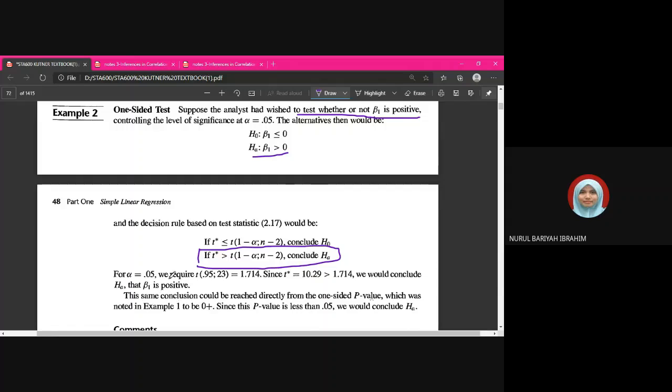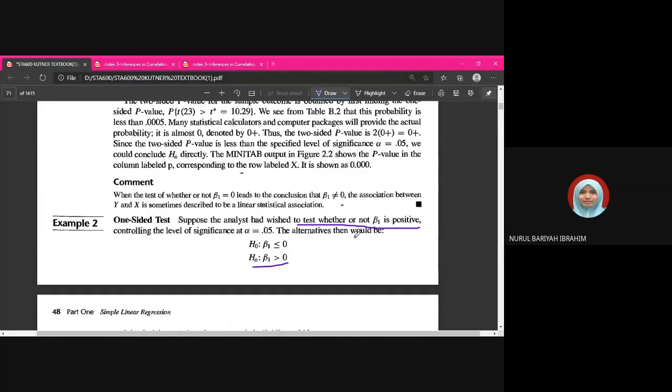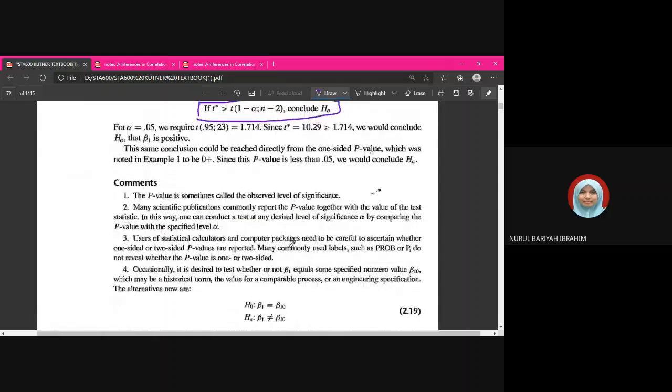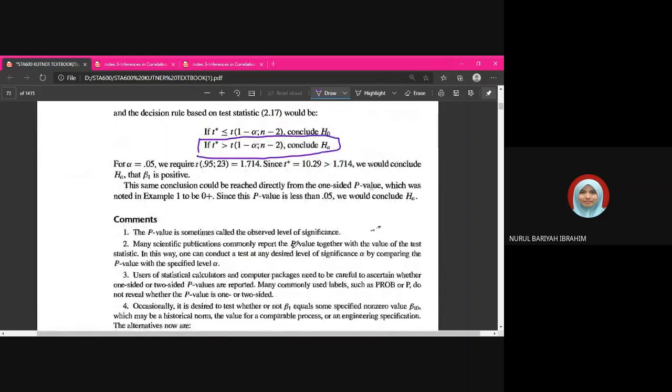Ini tadi benda yang sama, test statistik 10.29. Cuma kita compare with the critical value yang berbeza di sini. It will be 0.95 sebab 1 minus 0.05.